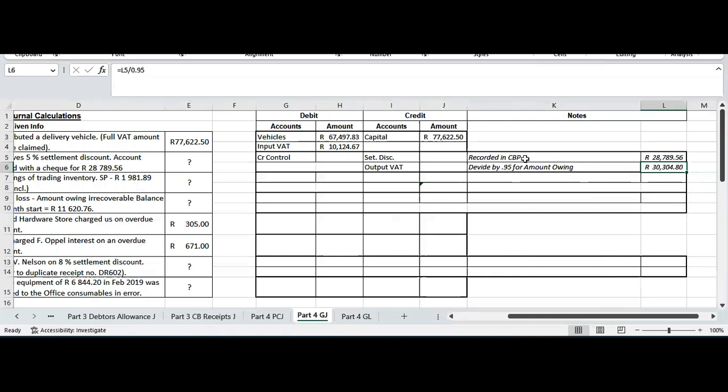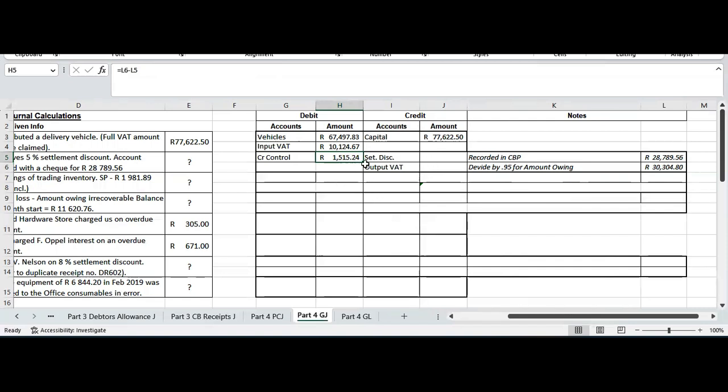What we are recording in the general journal is everything that relates to this discount. So how do we get to the creditors control? Well, it is the difference between the amount that was owing and the amount that we actually paid, because that amount is still showing on our creditors control.